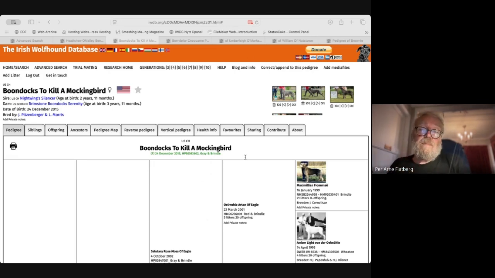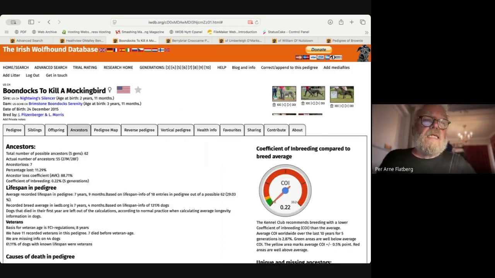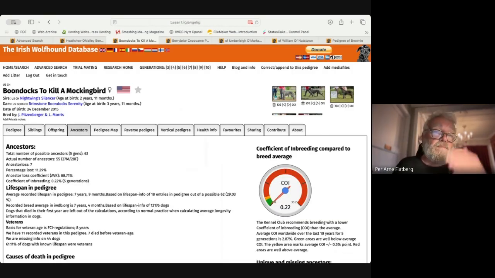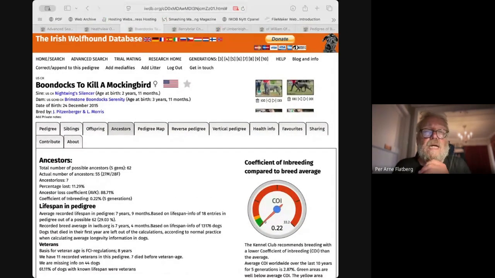What is considered an acceptable coefficient of inbreeding, I suppose you mean, Jocelyn? And the answer to that is that it depends. It depends on how many generations you are measuring, and it also depends on where you are in the world and which cultural context you are in.